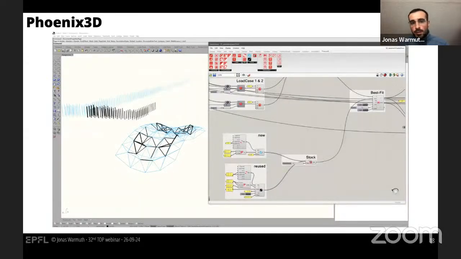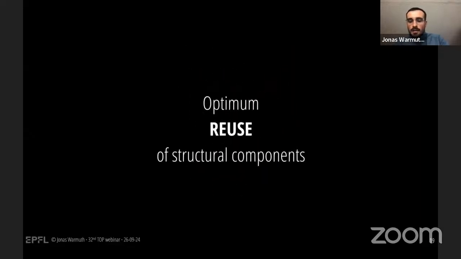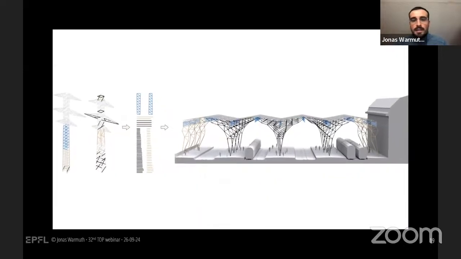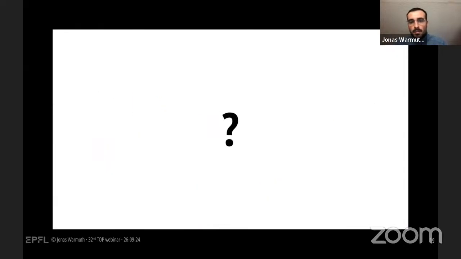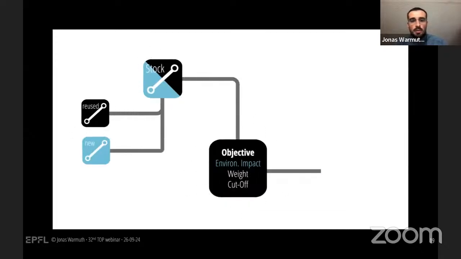All these ideas from reuse, we also implemented them in a computational tool, which is called Phoenix 3D. And this basically allows you the very same as I showed you with the layout optimization. So the idea is that you generate a stock of elements that might comprise reused and new ones.